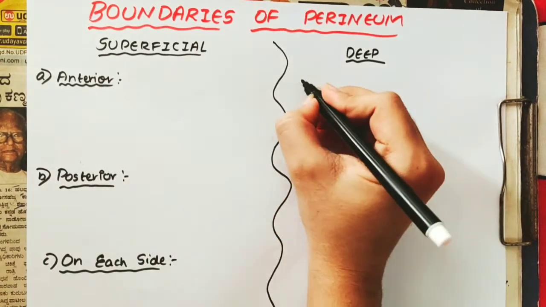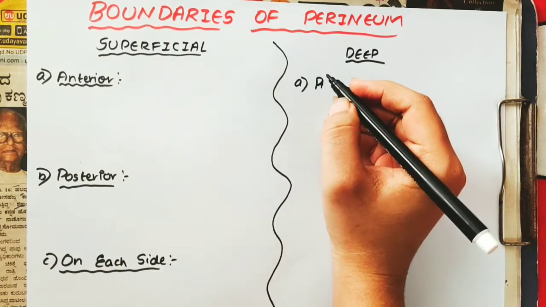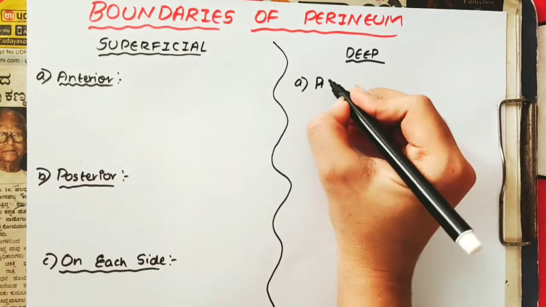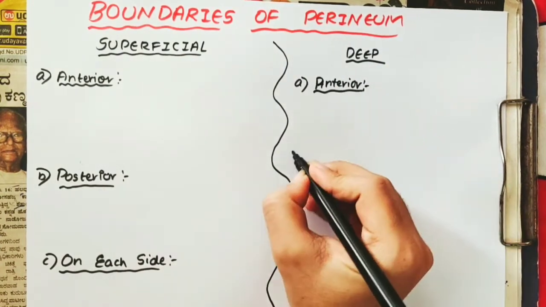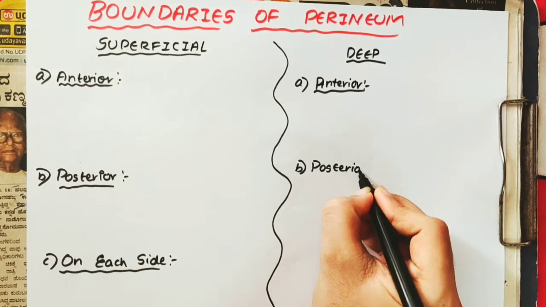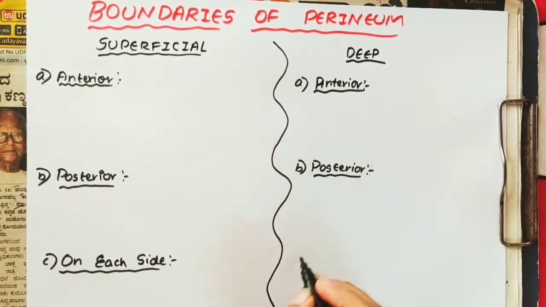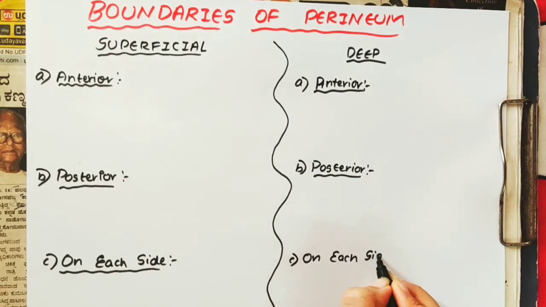And in the same way, even in the deep boundaries of perineum, there is anterior, posterior, as well as on each side.